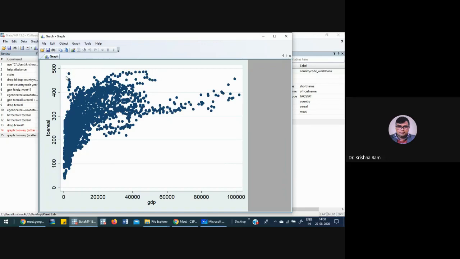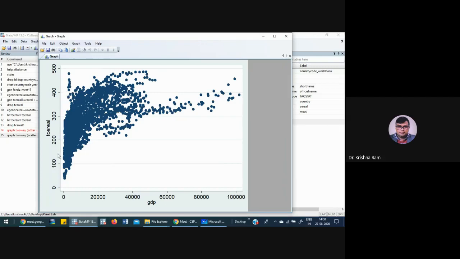And look at this country. This particular group of countries has a substantially low level of per capita income, but consumes a very high level of total cereal consumption.